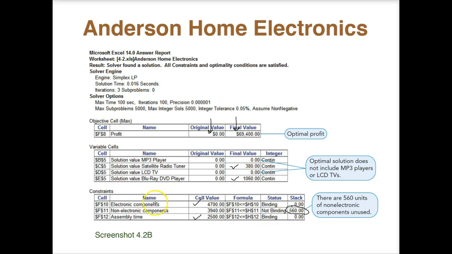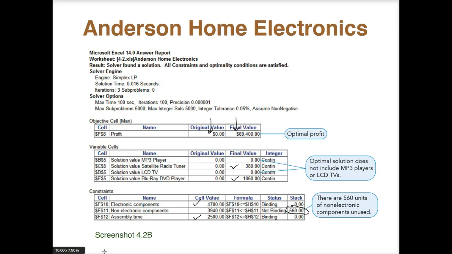So in other words, for the electronic components and assembly time, if we were to change the amount of electronic components that we had or change the assembly time, that's going to change our feasibility region for our linear programming system here. Okay. Whereas for the non-electronic components, as long as we don't use up that extra 560 that we have available to us, then we're fine.